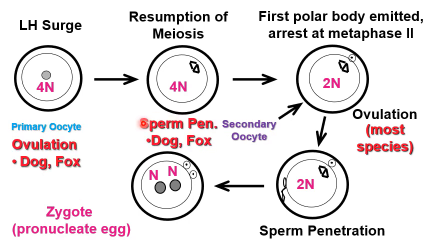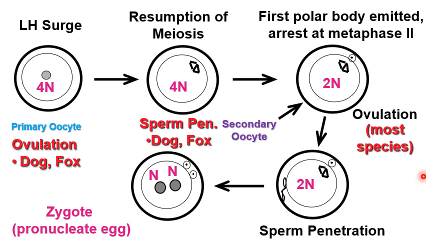For dog and fox, they ovulate a primary oocyte, whereas for other animal species, what is ovulated are the secondary oocytes. So the sperm, of course, will penetrate the oocyte and the eggs. They do not form a zygote right away.